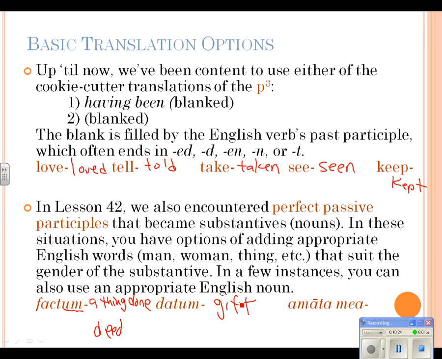Yeah, my beloved. We could translate this using the word beloved, which is kind of old-fashioned with that be on the front of it, as a substantive. Why are you guys looking at each other when I say my beloved? I don't understand.